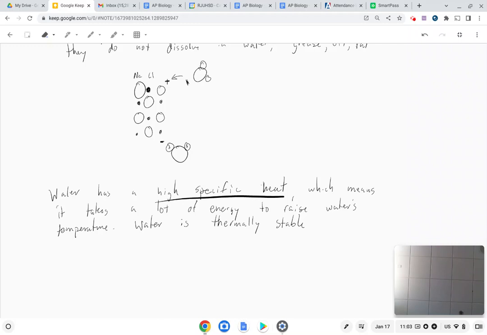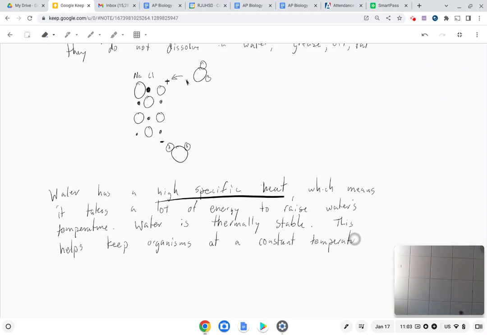And the reading tells us that that's a very useful thing to living things. We want to remain at a stable temperature, and water helps us to do that. So this helps keep organisms at a constant temperature.